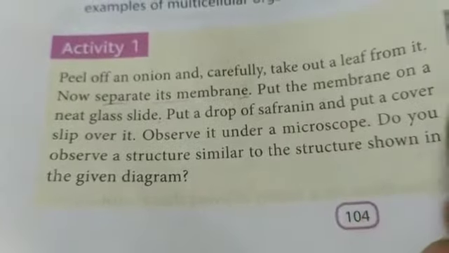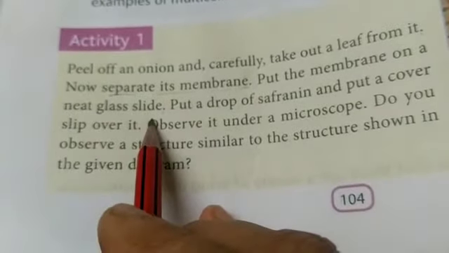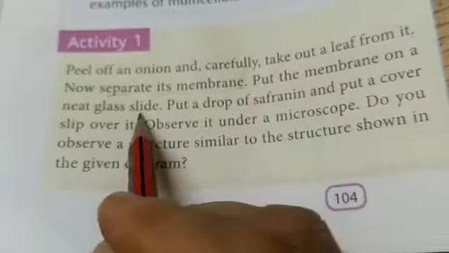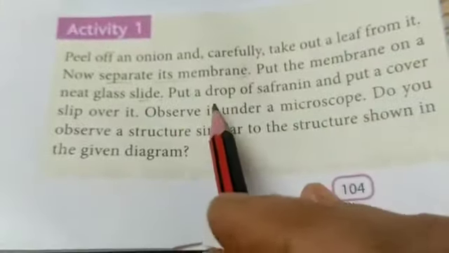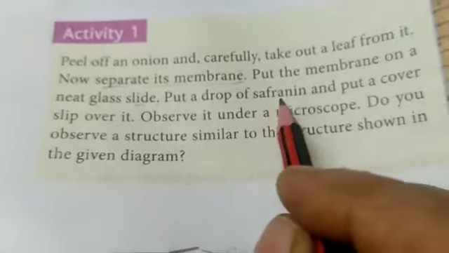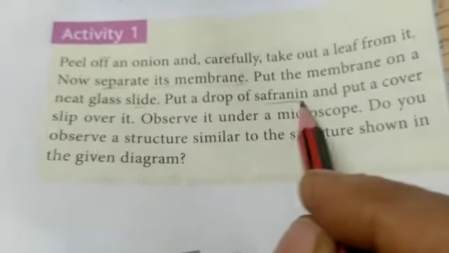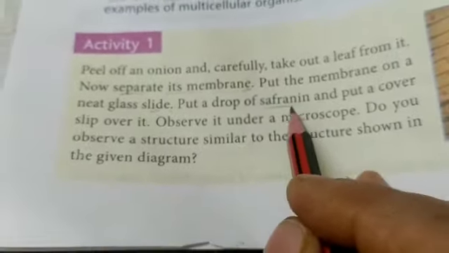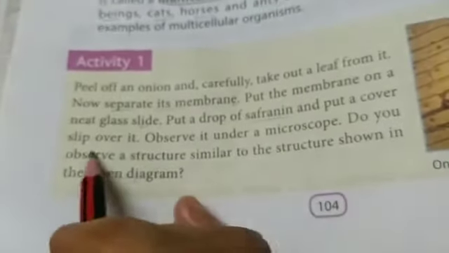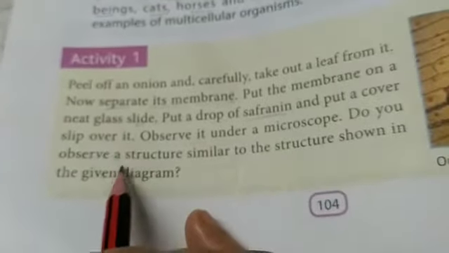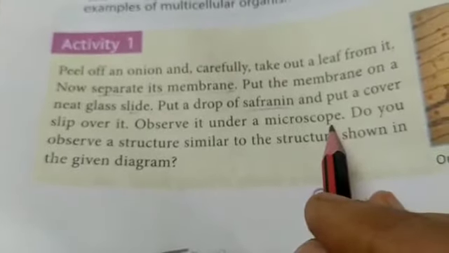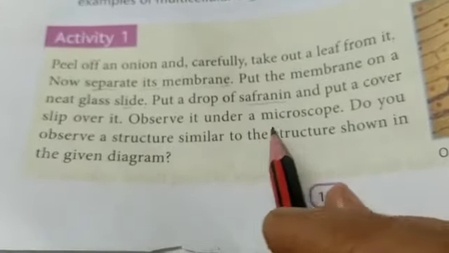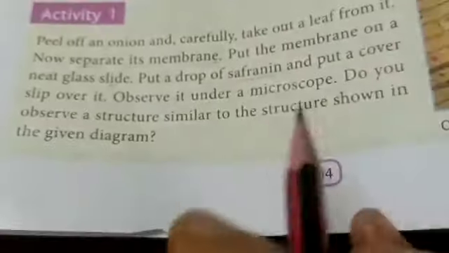Put the membrane on a clean glass slide. It will be available in your biology lab. So you have to place it on a slide there. Put a drop of safranin, which will also be available in the chemistry lab, and put a cover slip over it. Cover it with the slip. Observe it under a microscope. Then you have to observe it under the microscope.